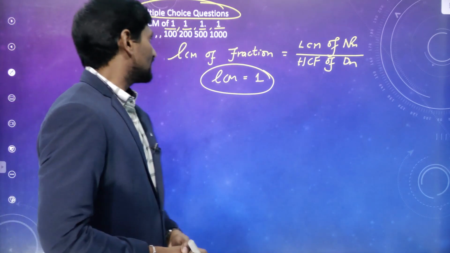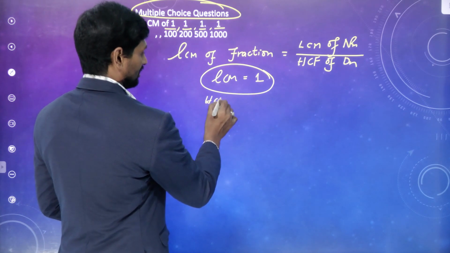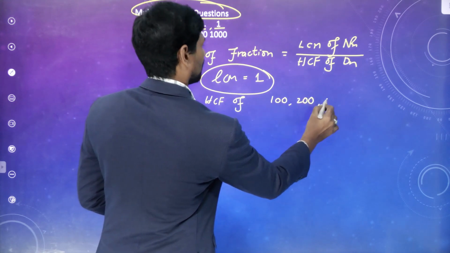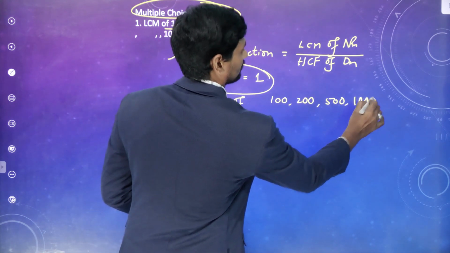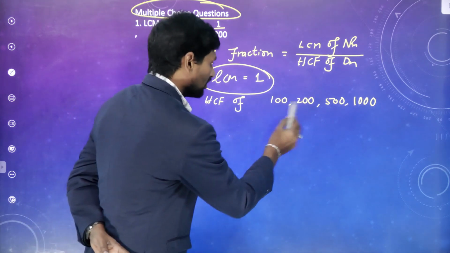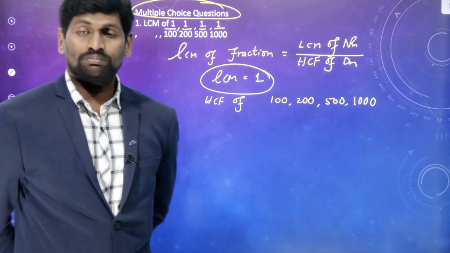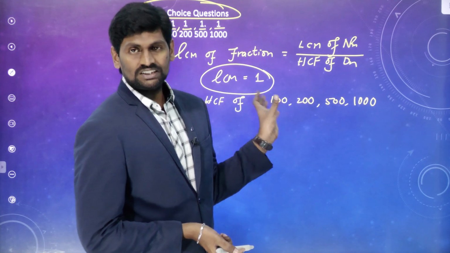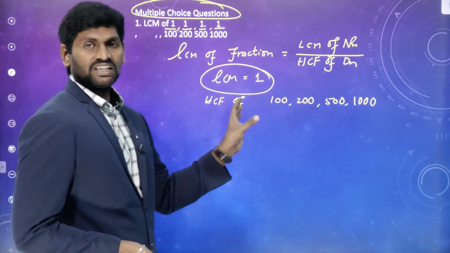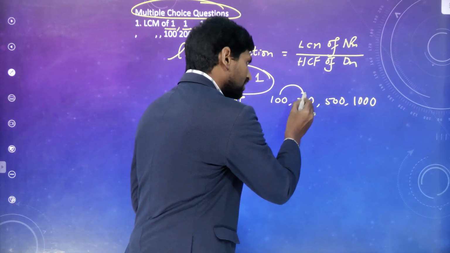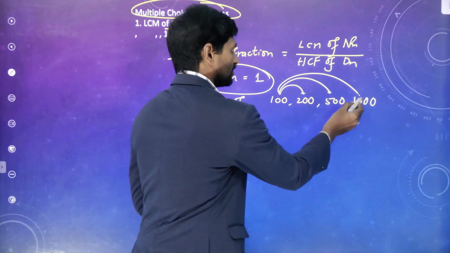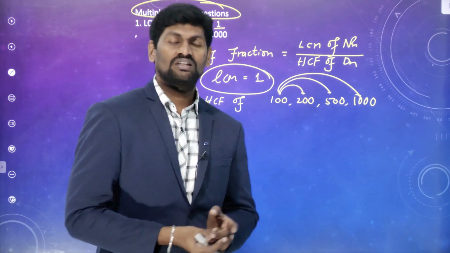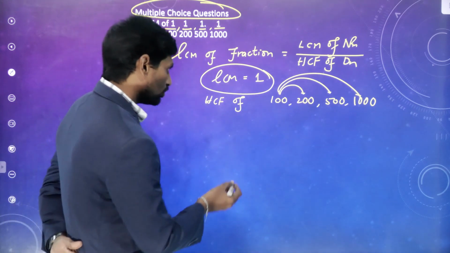Next, HCF of denominators. What are the denominators here? 100, 200, 500 and 1000. HCF of the first two numbers is 100. Otherwise, check once: 100 is the smallest among them. In the 100 table all the numbers are coming, here 2 times, here 5 times, here 10 times. So we can consider the smallest among them as HCF, or we do it like this.